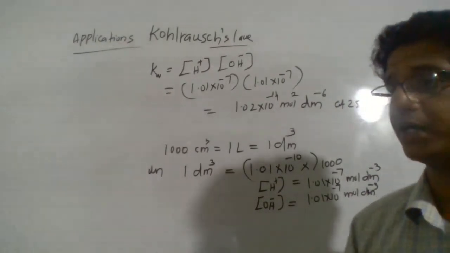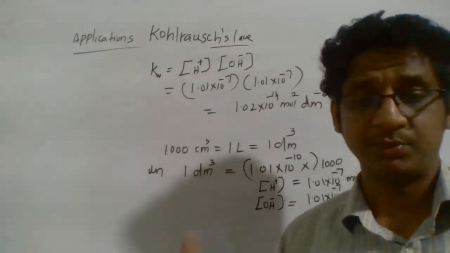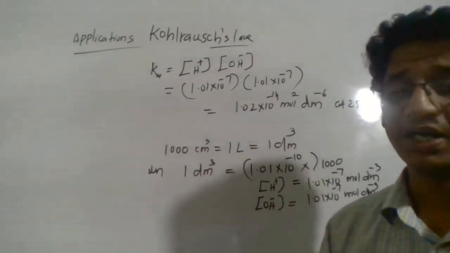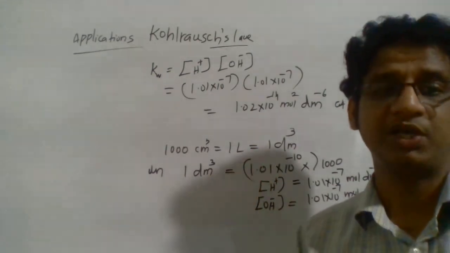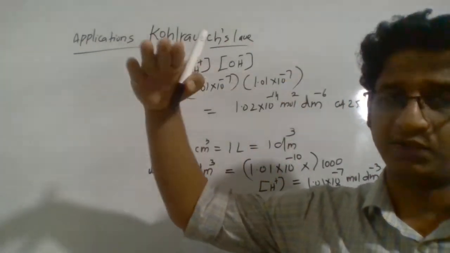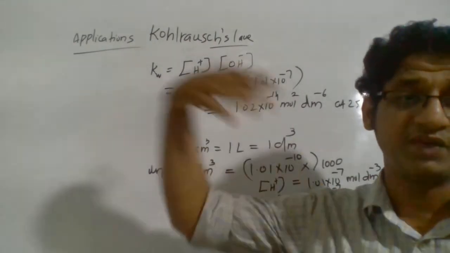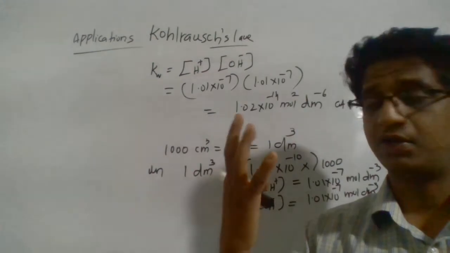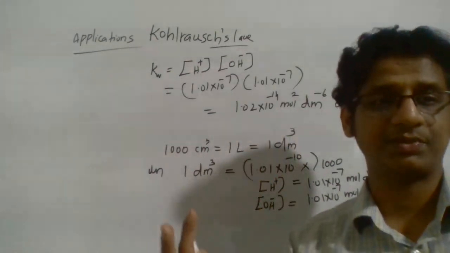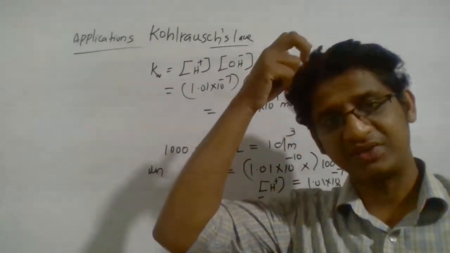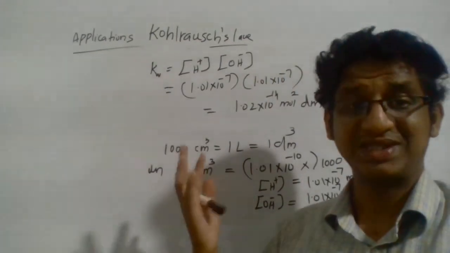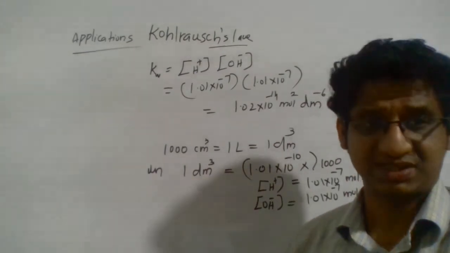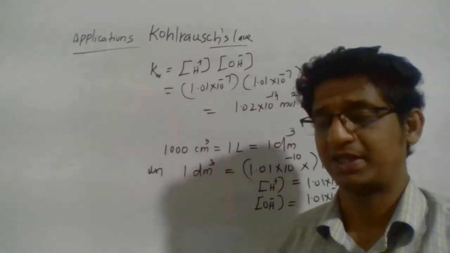Using Kohlrausch's law, you can find the molar conductivity at infinite dilution. Similarly, you can find the molar conductivity at a particular unit volume. The molar conductivity per unit volume divided by the molar conductivity at infinite dilution of water gives the concentration of both H plus ion and OH minus ion per unit volume. We are talking about centimeter cube, and you can convert it into per liter or per decimeter cube by multiplying by 1000.